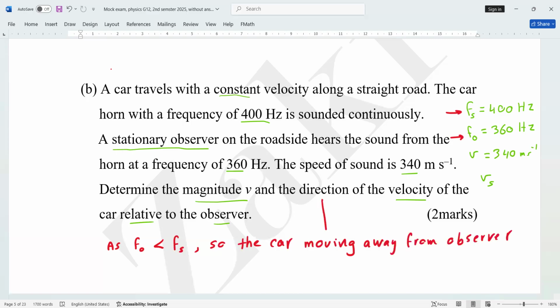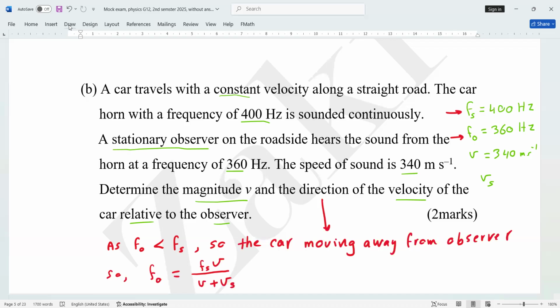So this is the direction, the car moving away. As the car is moving away, then it's plus. So the formula that we can use, F naught equals Fs V over V plus Vs.